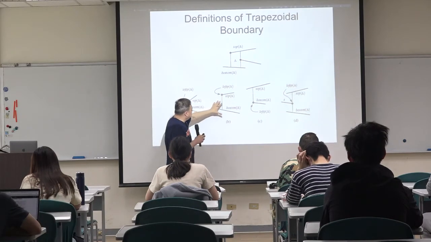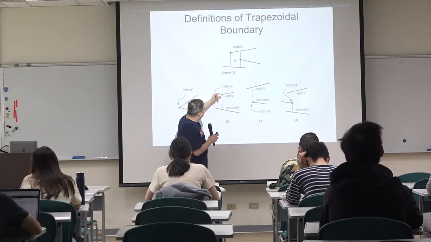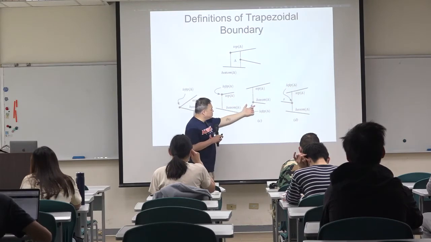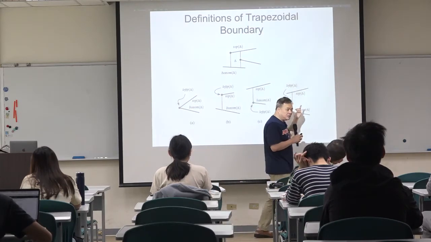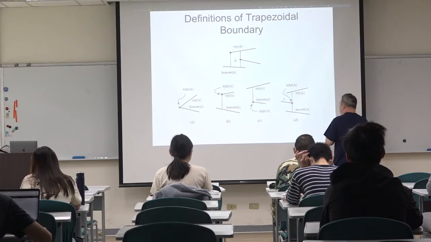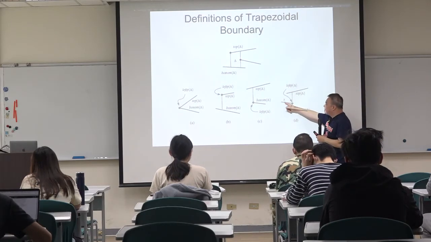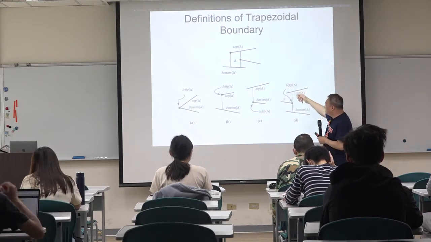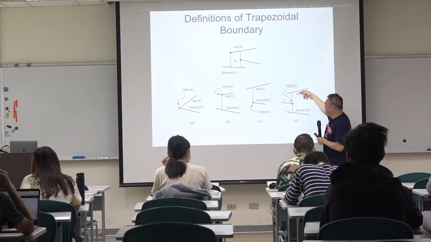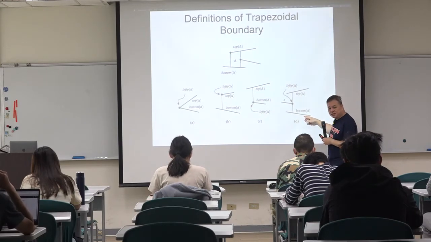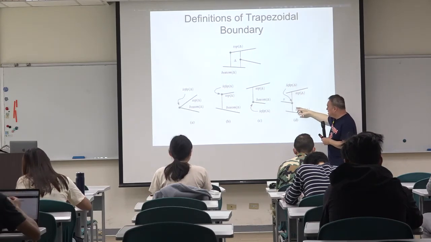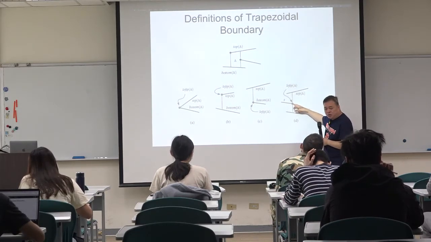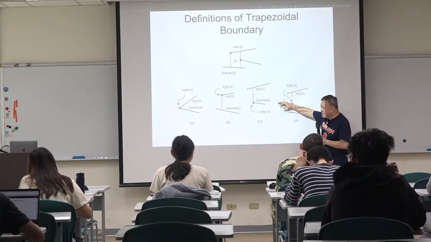Or the left point could be contributed from the top segment. Or the left point could be contributed from the bottom segment. Or the left point could be contributed from another segment that is neither the top segment nor the bottom segment, but it is contributed by the right endpoint of another segment.